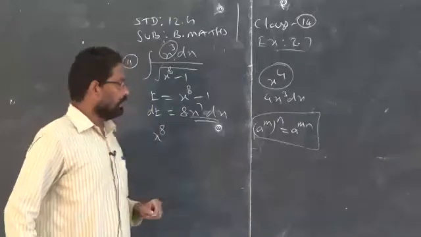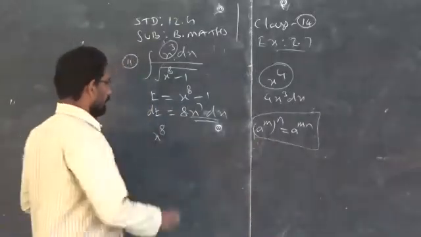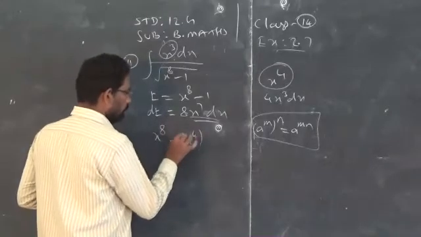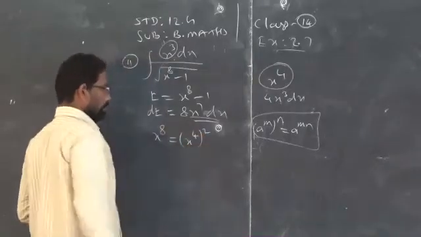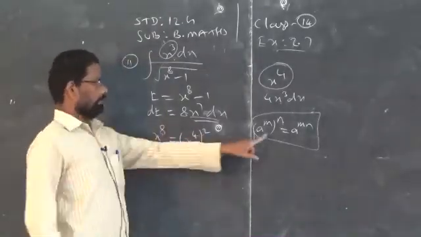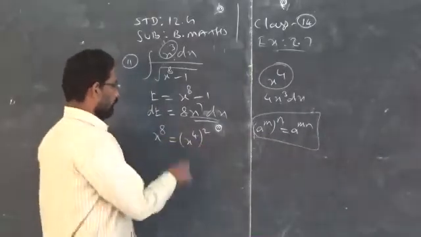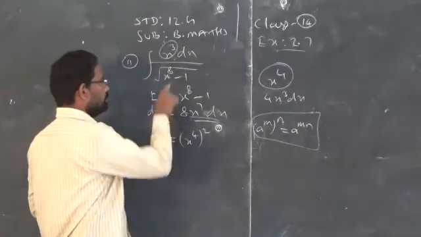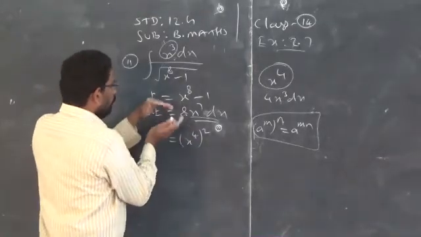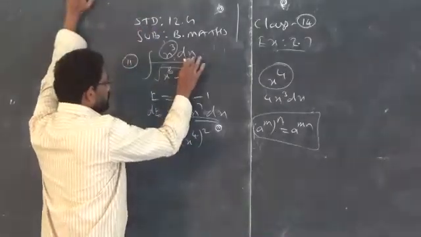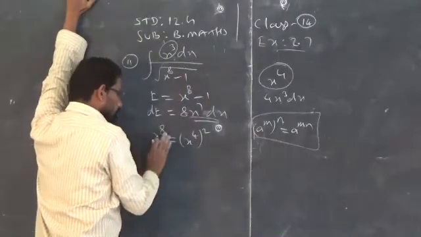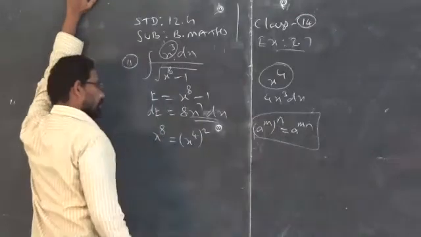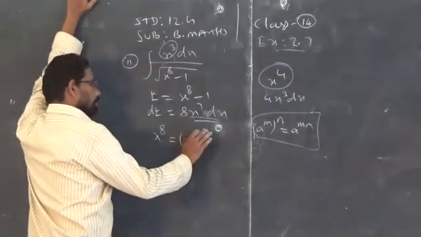How is it possible? Come to this property. I can rewrite x power 8 as x power 4 the whole square. Possible, not possible? Because 4 twos are 8, based on this concept. Now you differentiate this one, 4x cube is there, isn't it? See, in order to get x cube dx, you have to express x power 8 by using these basic properties in algebra, that is x power 4 the whole square.